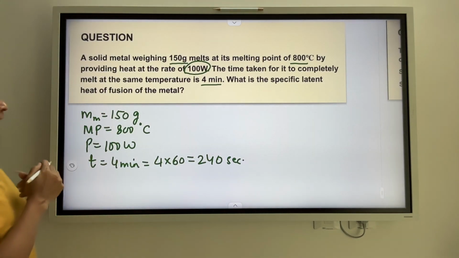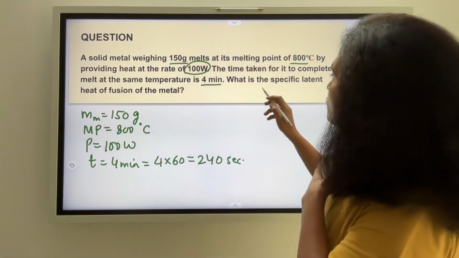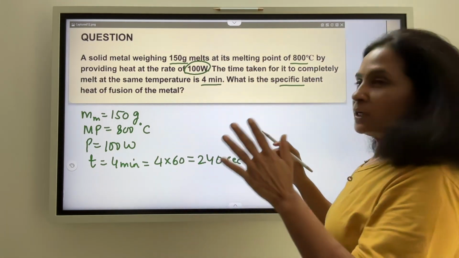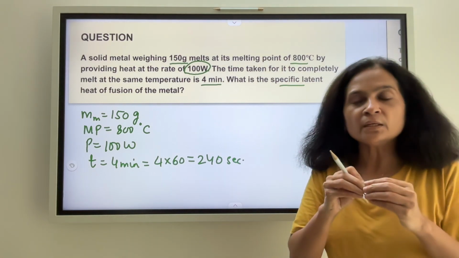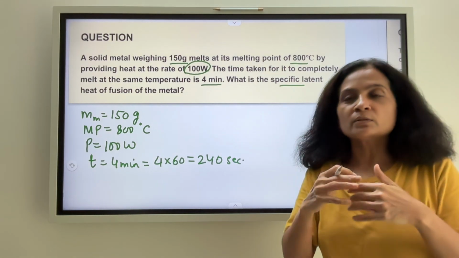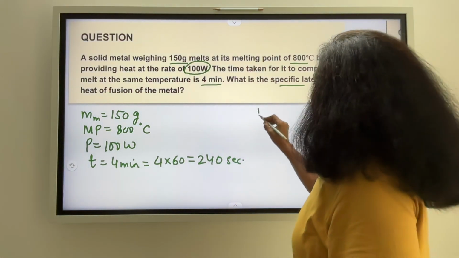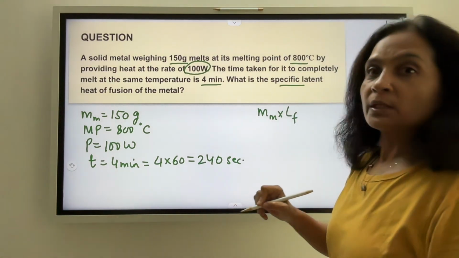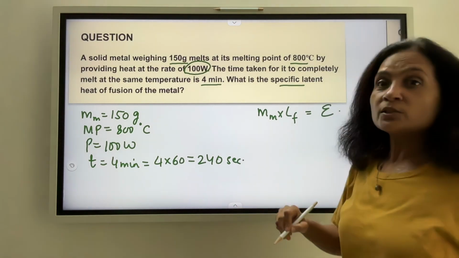Right? Now, what is it that we need to calculate, the specific latent heat of fusion of the metal? Now, the energy which has been absorbed by the metal is converting it or changing it into its molten form. So mass of the metal into specific latent heat of fusion of the metal is equal to the energy which is absorbed.